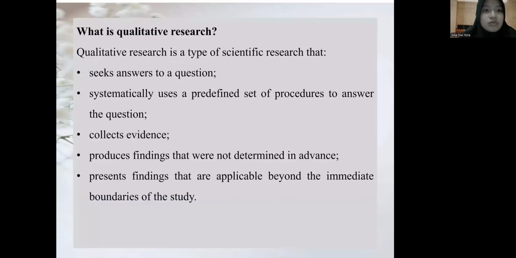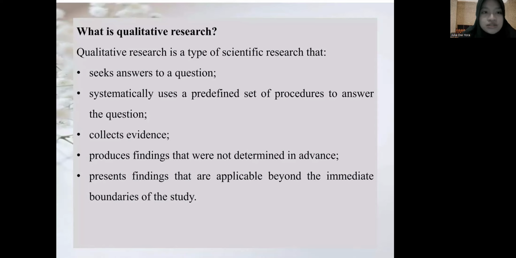What is qualitative research? A qualitative research is a type of scientific research. So, this discusses something really important in science. What are the functions of qualitative research? It seeks answers to a question.